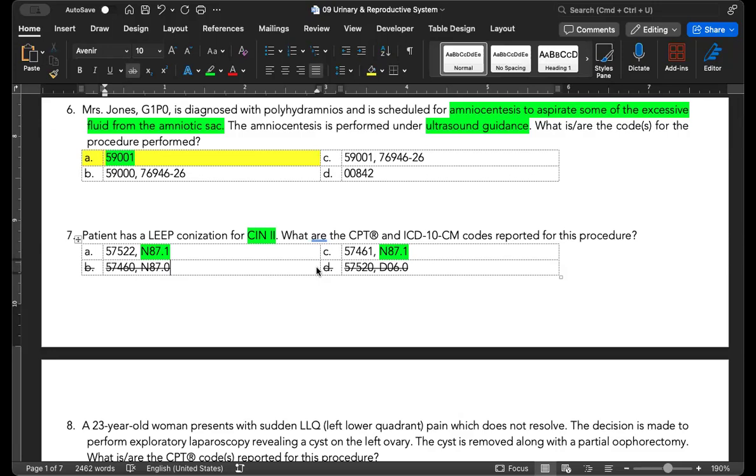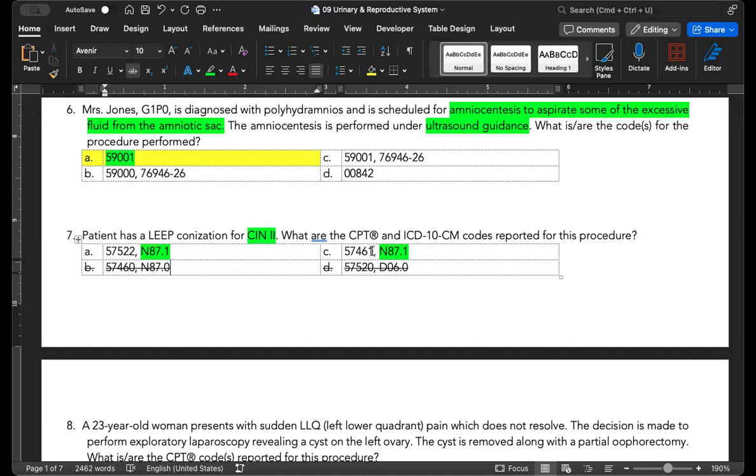If you're not sure that loop electrode excision is the same thing as a LEEP, go look at 57461. 57461 is a colposcopy of the cervix, including the upper adjacent vagina, with loop electrode conization of the cervix.